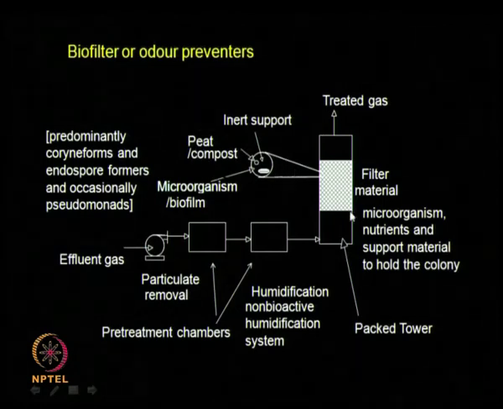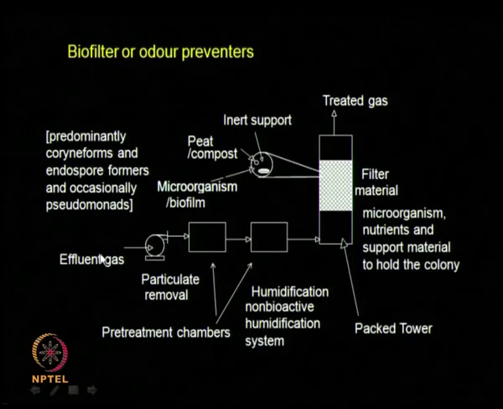So what happens, this microorganism grows because of the presence of this carbon source, and the inert support acts as a support. So when a gas containing unwanted gaseous material comes in, it gets biodegraded by the microorganisms, and the treated gas comes out, which can be vented into the atmosphere.